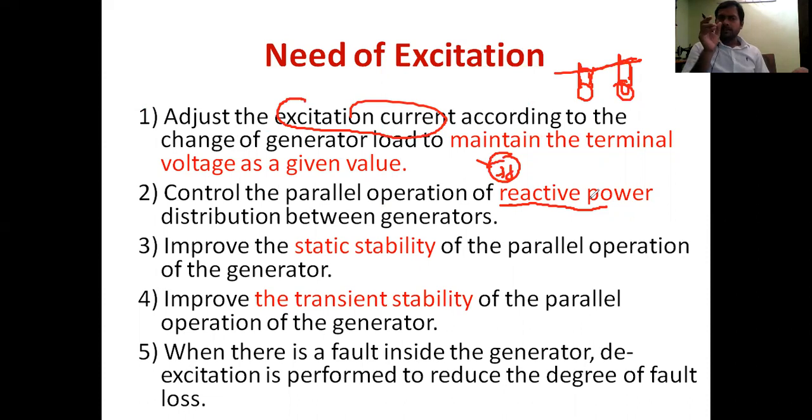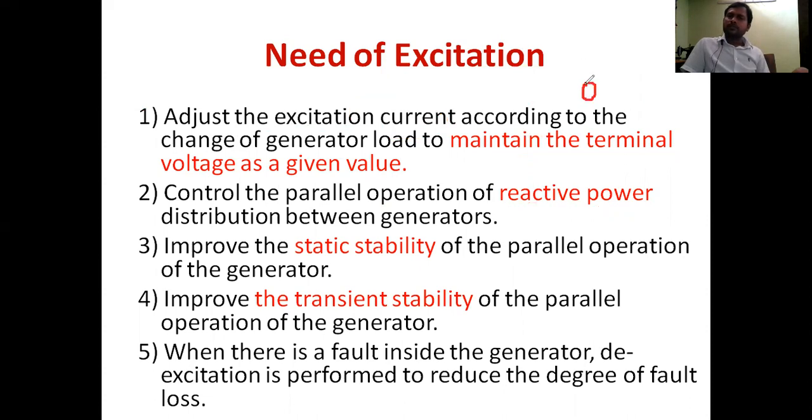In the parallel operation, if you control the field current, any two generators will share the load by compensating the reactive power. For example, if the two alternators are not sharing the load equally, then the excitation will change.